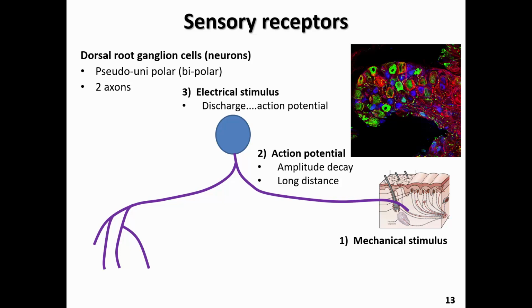Once that action potential reaches the cell body just outside the spinal cord in the DRG, there is a relatively short delay, and then another action potential is generated. That action potential will travel along this axon a short distance into the gray matter of the spinal cord, where the sensory neuron will synapse with other neurons.